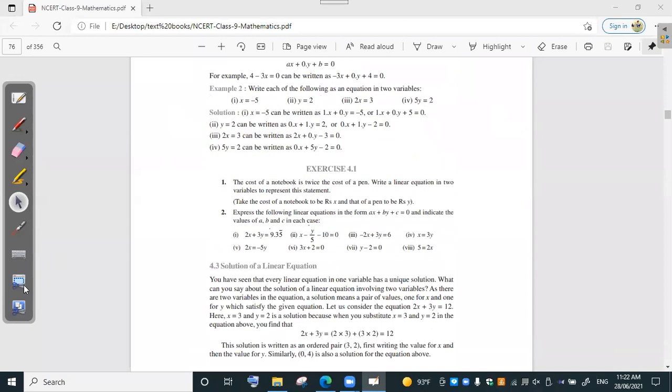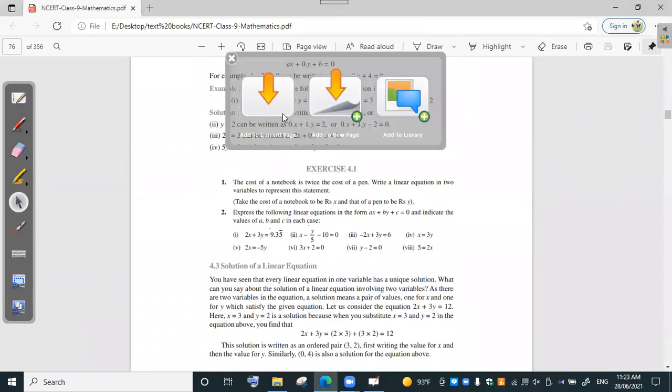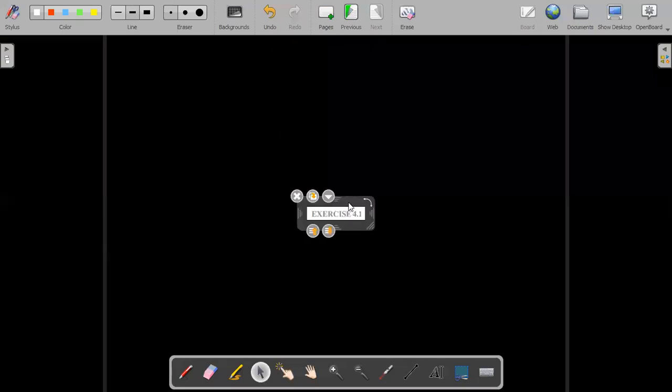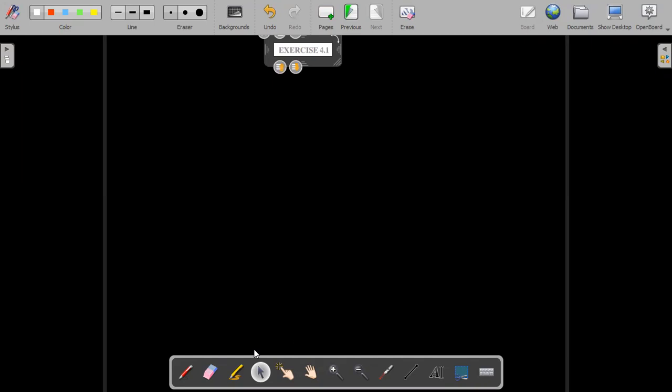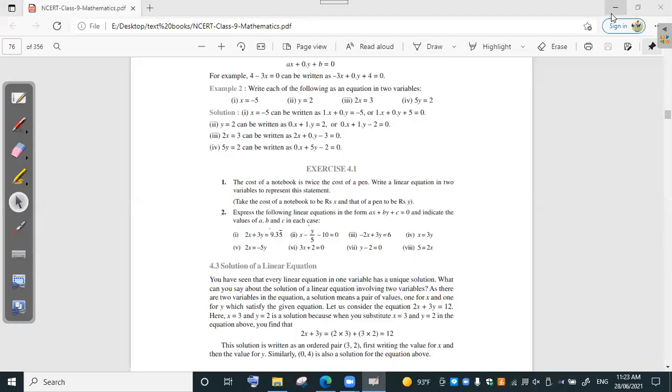We see how to convert a given condition into a linear equation, in exercise 4.1, question number 1.